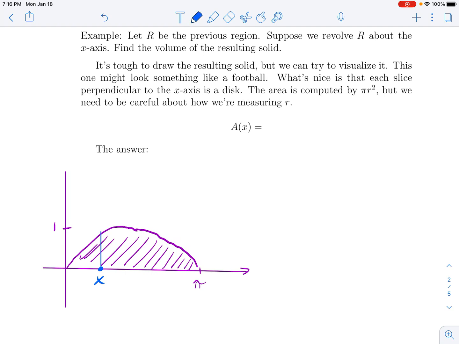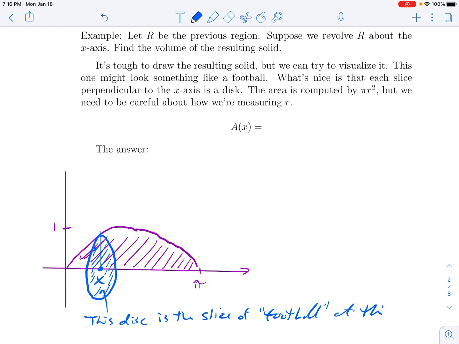Hopefully you can imagine that when we spin that vertical segment around, we get this circular disk. So sort of in math speak, the circle is just the outside while the disk is the outside as well as everything inside. So this disk is the slice of the football kind of shaped thing at this x value.